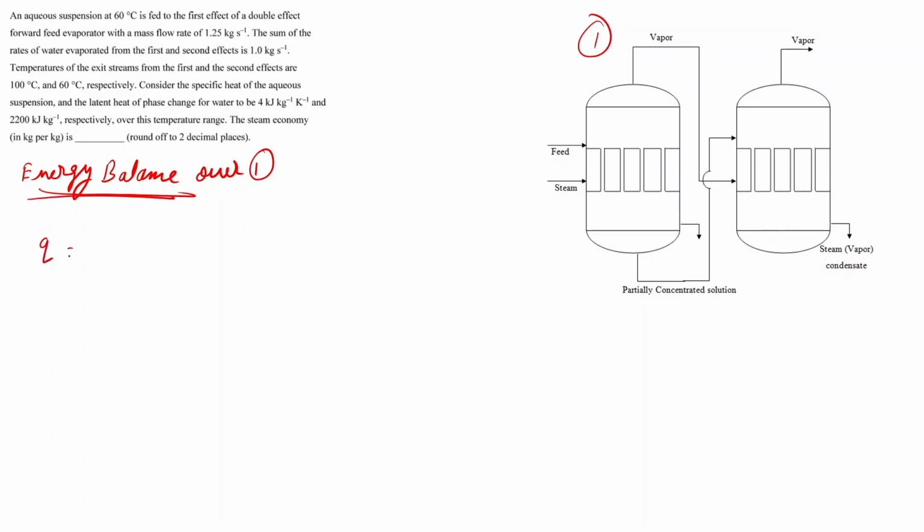Q can be written as the enthalpy of the steam. The mass flow rate was m dot s, so we can write it as m dot s into lambda s is equal to this.